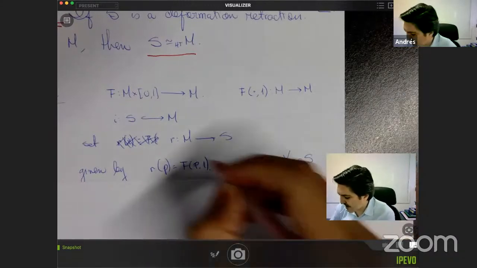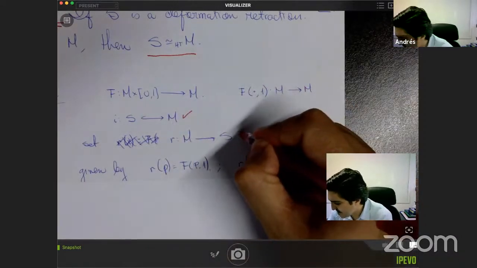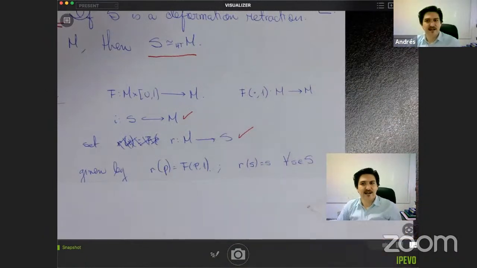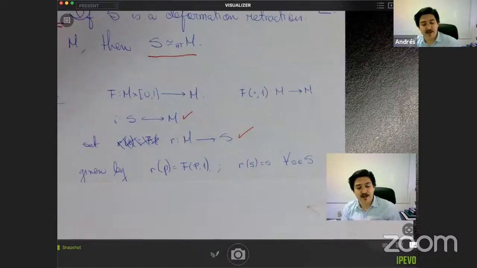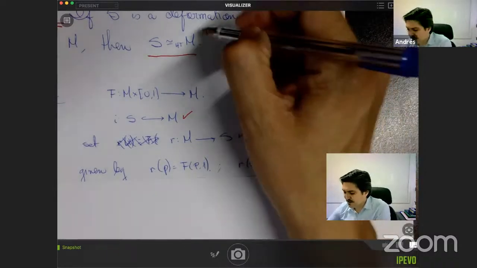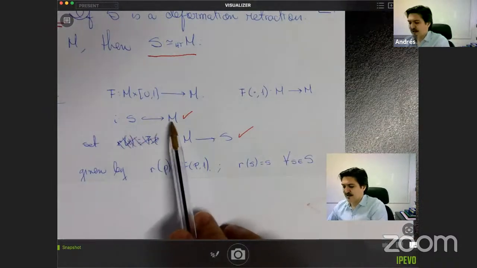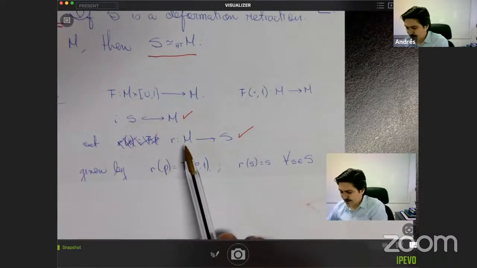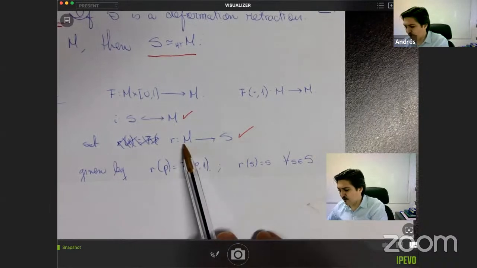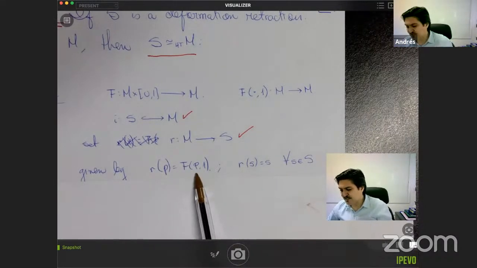And that's why we have this map and this map. I'm going to compose those two maps and show that they are homotopic to the identity map. And in that way, S and M will have the same homotopy type. So we prove this by definition. I have the inclusion, and I define the map from M to S by using the homotopy.